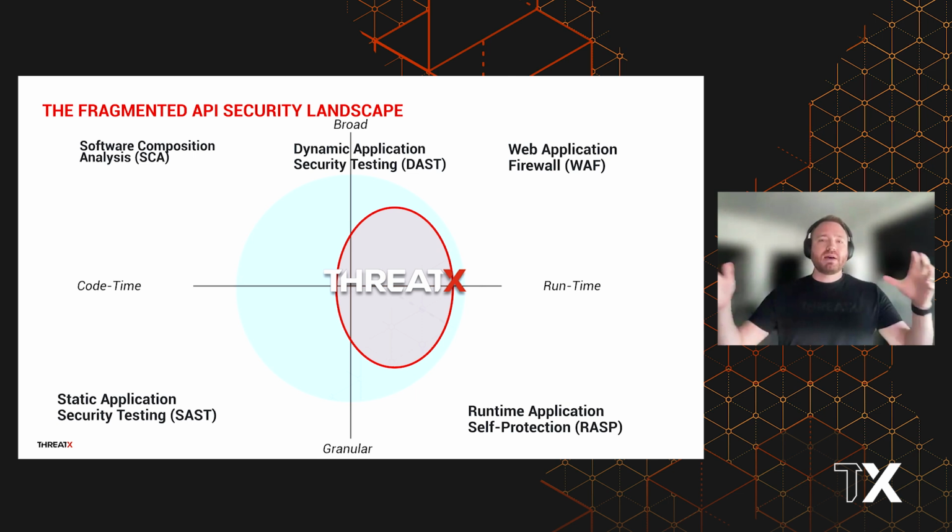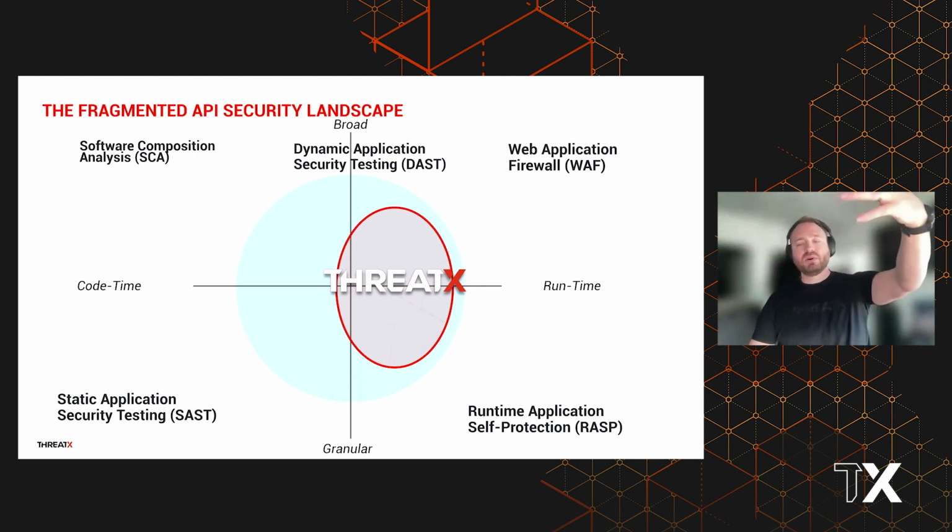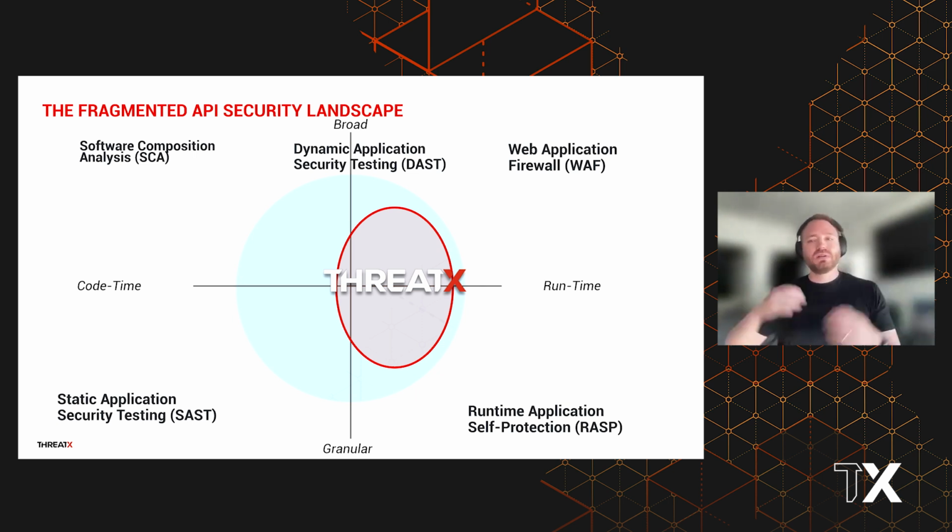And as we think about this really spectrum of code time to runtime and broad attack vectors to very granular attack vectors, we've set out to really focus on that right-hand side there to really bring the DAST world in sync with the runtime and the live kind of real-time attack world.